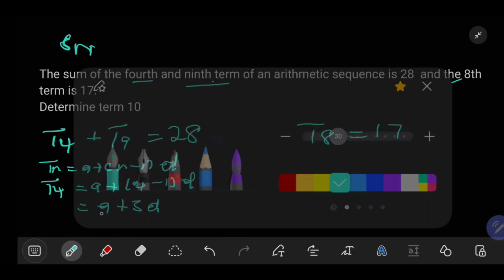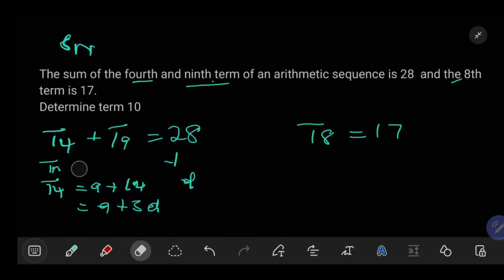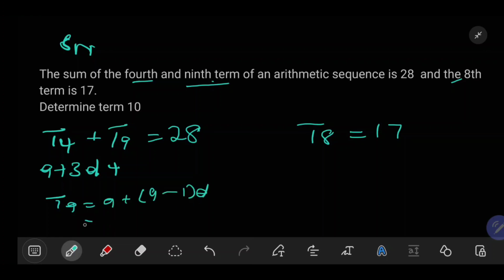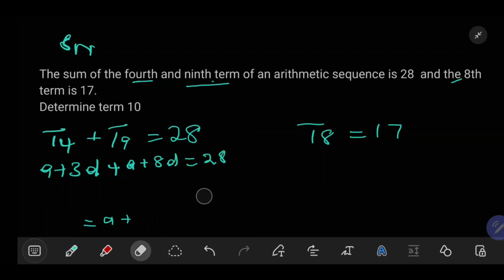Plus term number 9, which is a plus (9 minus 1)d, so a plus 8d, is equal to 28.